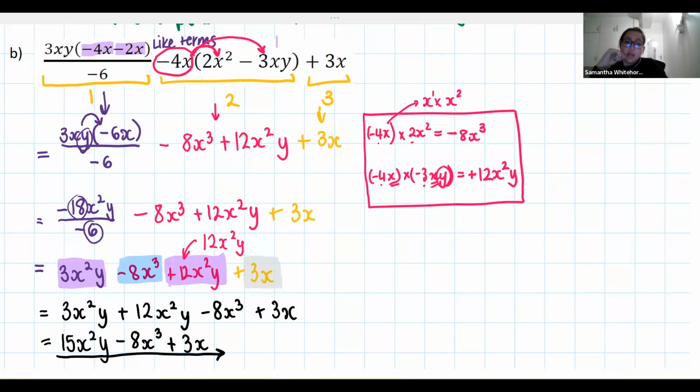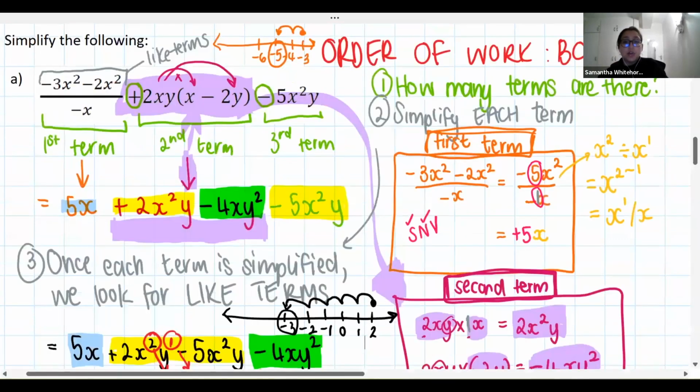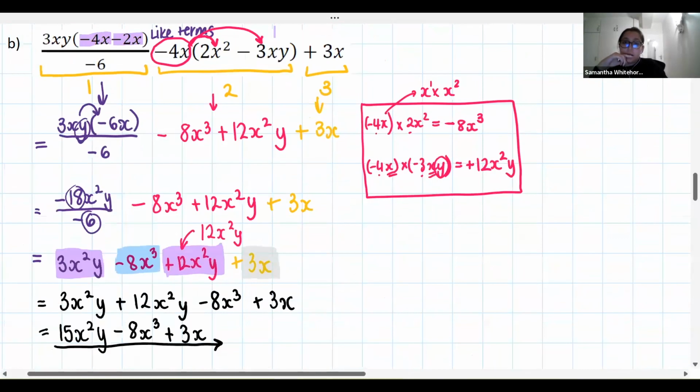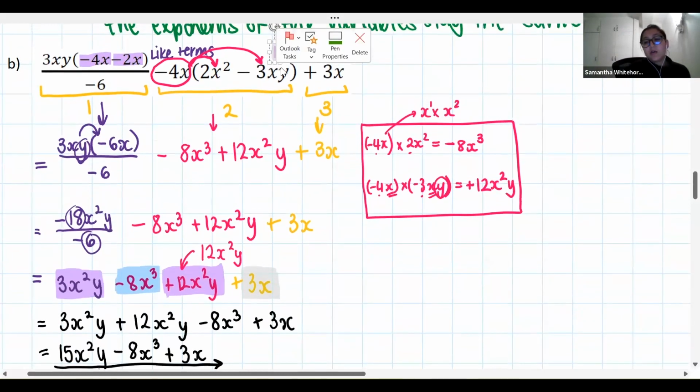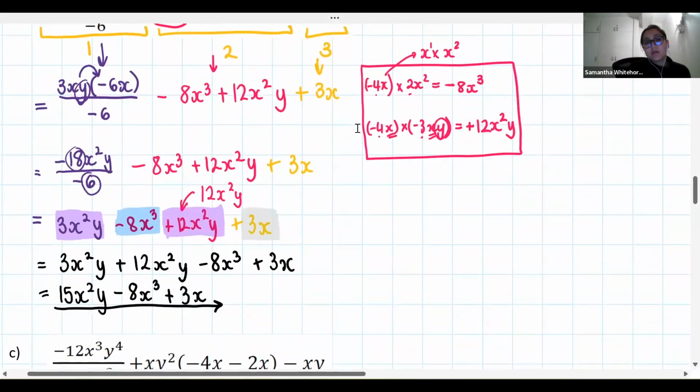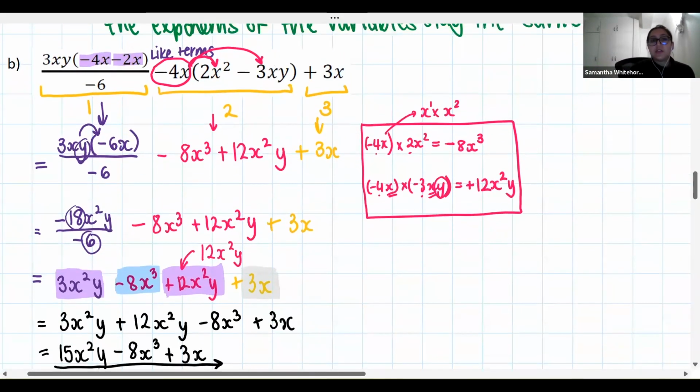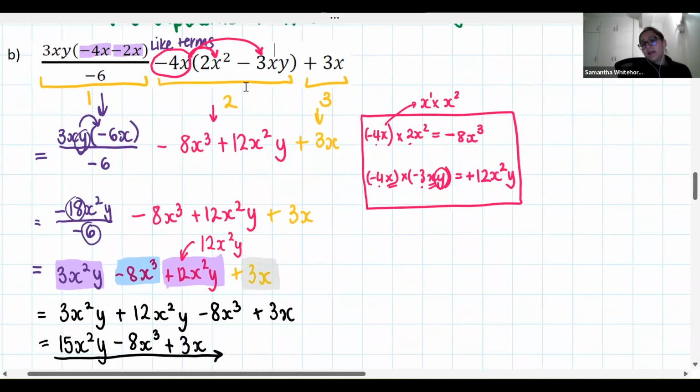So you need to be comfortable doing what we are doing here in an assessment. If you can follow those 3 steps that we outlined in the first question, you should hopefully be okay to simplify any expression that we give you. Right, so again, questions, you can raise your hand or remember the chat's there. Otherwise, you're taking screenshots.